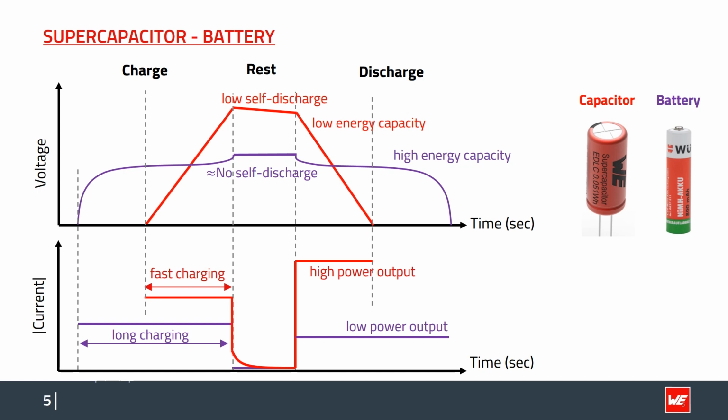Supercaps can be charged usually in seconds or minutes. The currents for charging and discharging are much higher than for batteries, which makes them suitable for short-term, high-power applications. Also, cycle lifetime is much larger than for batteries.